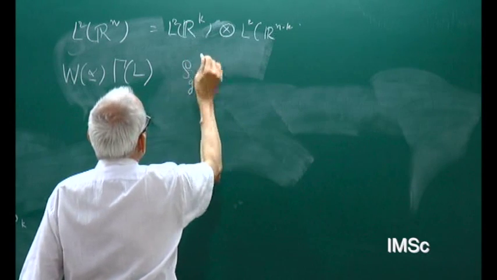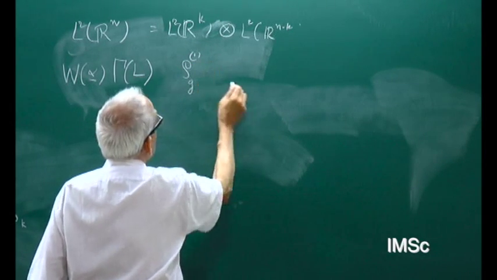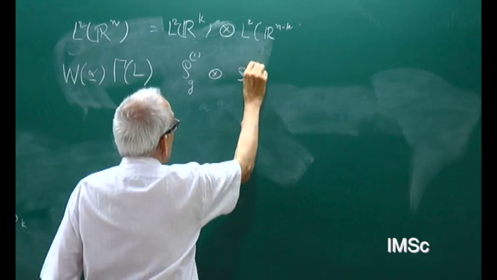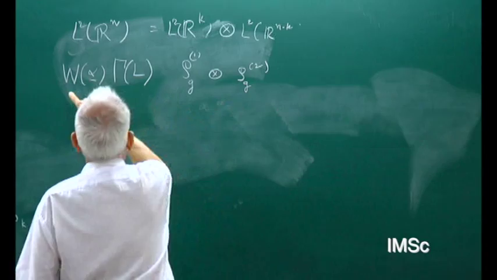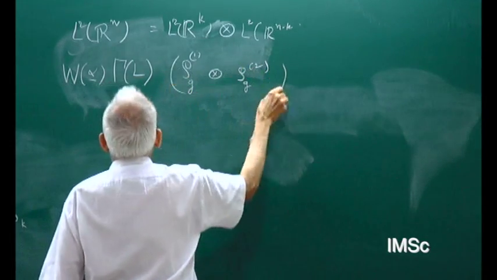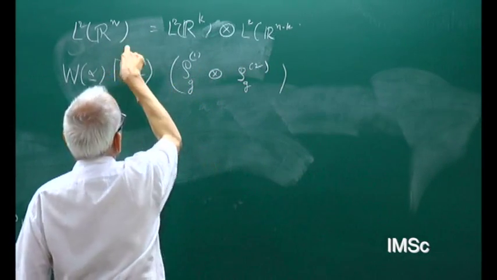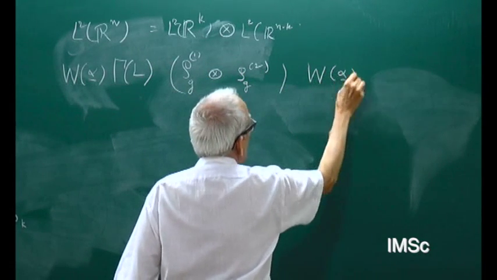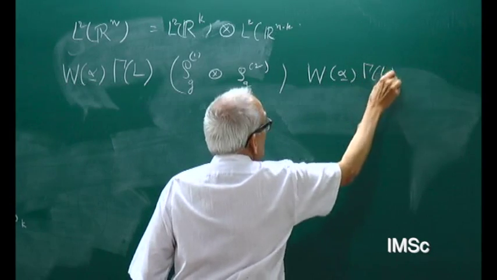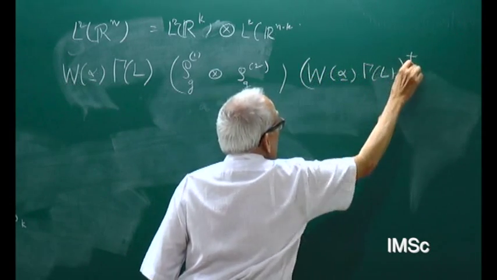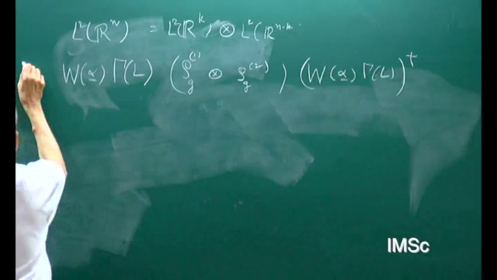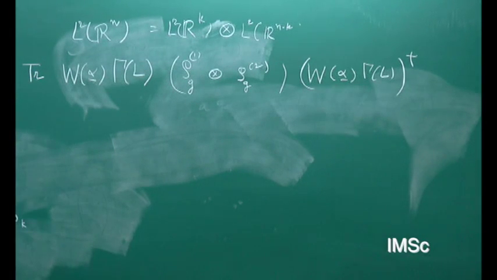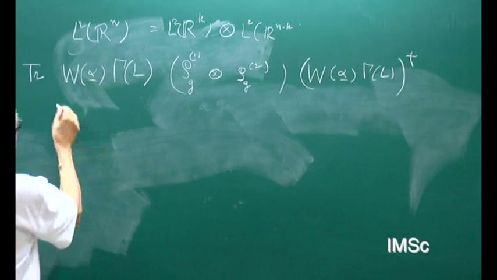You take rho g1 here and then you take rho g2 here. Both are Gaussian states, and then on the larger space, these are in L2 of Rn, you apply the dynamics W alpha gamma L and then put a conjugate, and then you take a trace over the second.